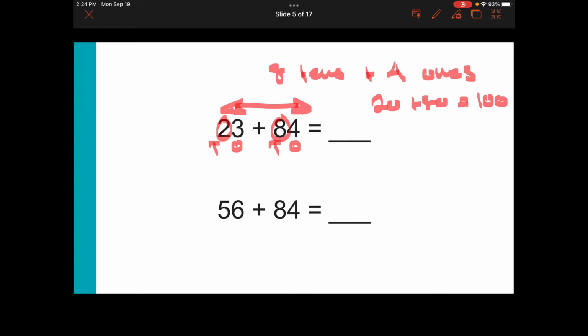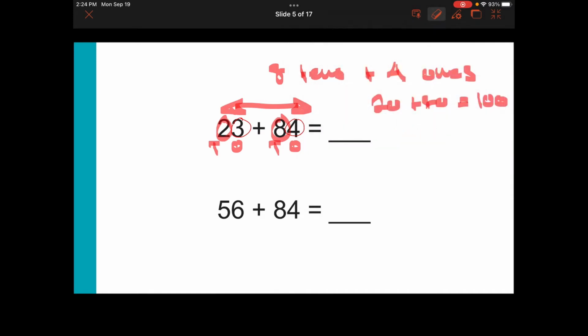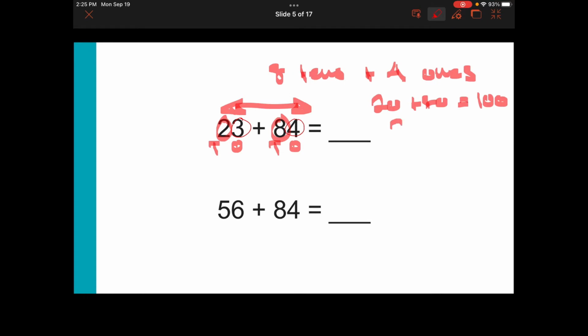And then you would take the ones and you would add them together, which would be 3 plus 4 equals 7. Therefore, your answer would then be 100 plus 7 equals 107.